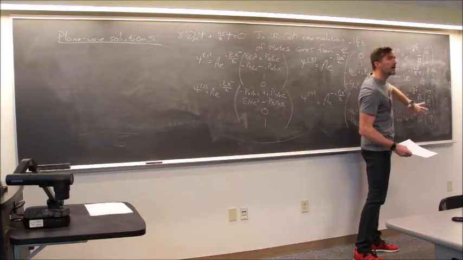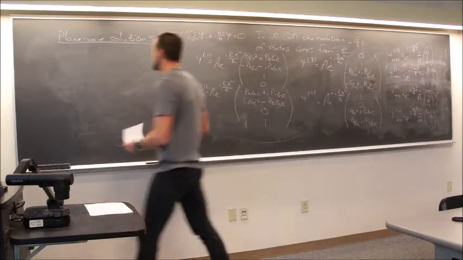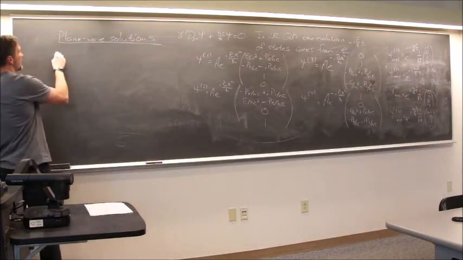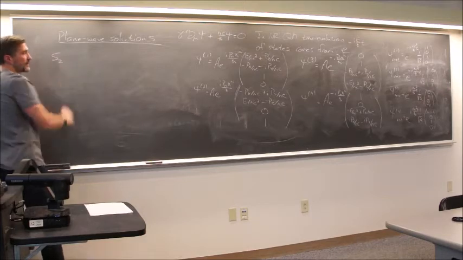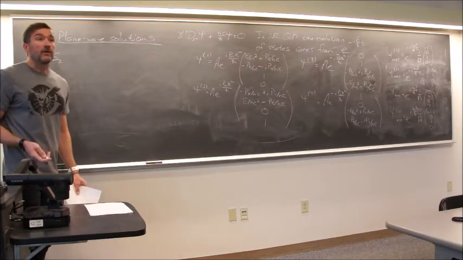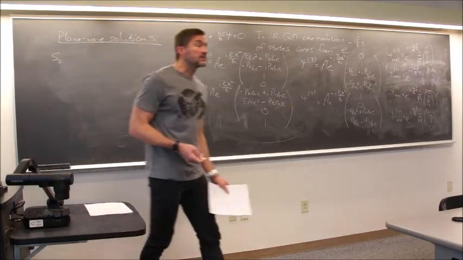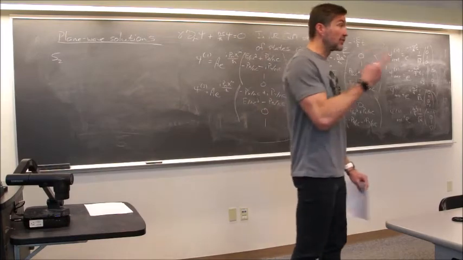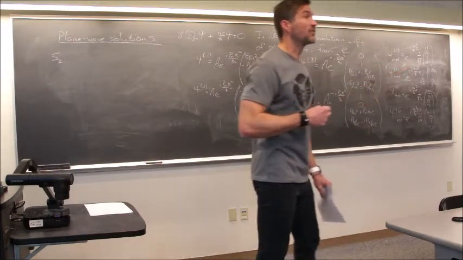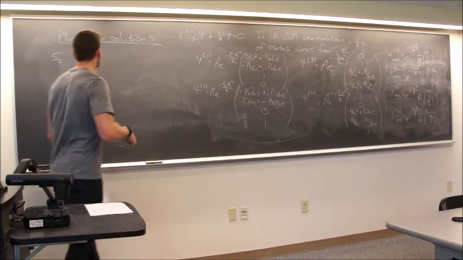But let's actually see the connection to spin up and spin down. If I want to do spin up and spin down, I've got to know the form of the spin operator, say along the z-axis, as it acts on 4-component spinors. We know what the spin operator looks like when it acts on 2-component spinors in quantum mechanics. It's just 1/2 sigma z, or h bar over 2 sigma z, where sigma z is the Pauli matrix.